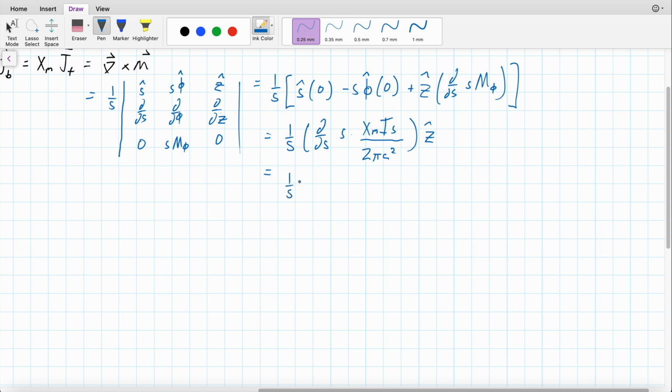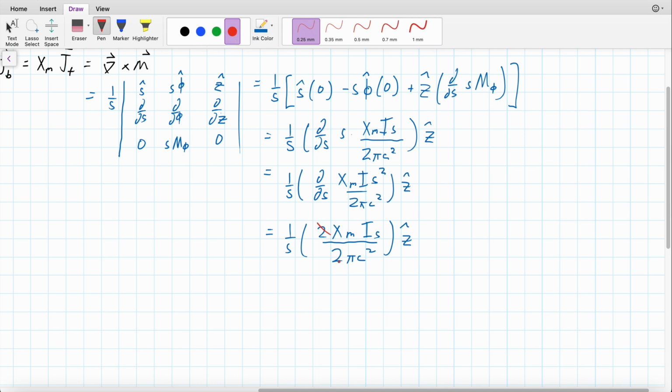1 over s, derivative of chi_m I s squared divided by 2 pi a squared, z hat. Derivative: 1 over s of 2 chi_m I s divided by 2 pi a squared, z hat.